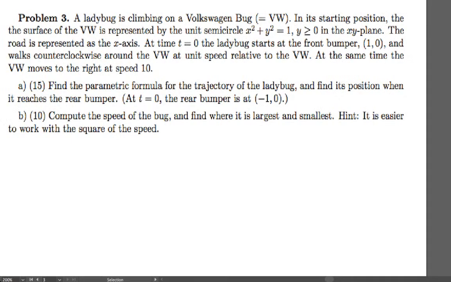At time t equals 0, the ladybug starts at the front bumper, 1, 0, and walks counterclockwise around the VW at unit speed relative to the VW. At the same time, the VW moves to the right at speed 10.